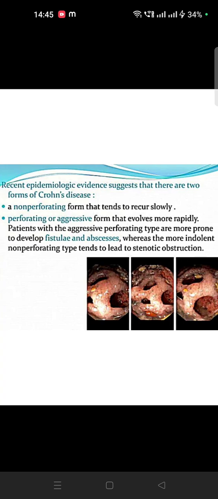Recent epidemiologic evidence divides Crohn's disease into non-perforating and perforating aggressive disease. Non-perforating recovers slowly, and perforating or aggressive disease progresses more rapidly. A fistula or abscess can involve the anus, and stenotic obstruction can happen.